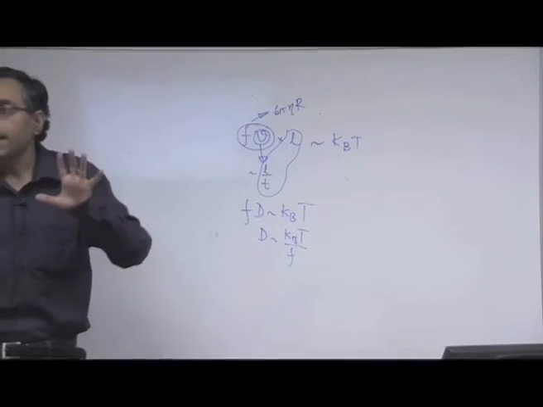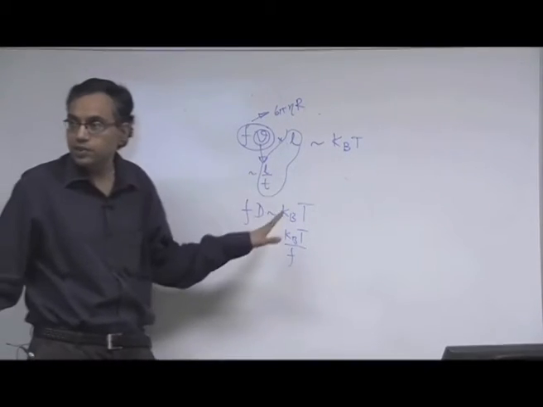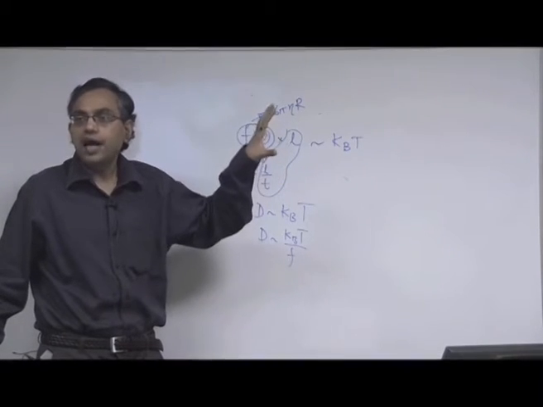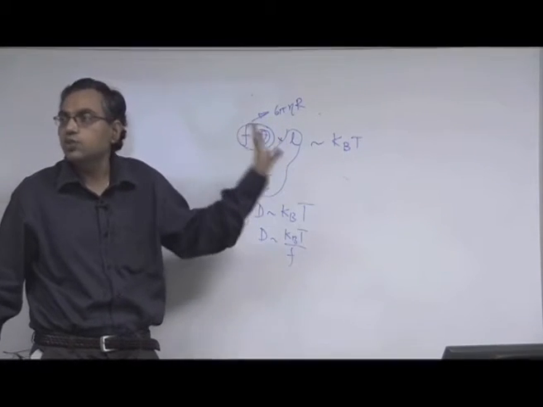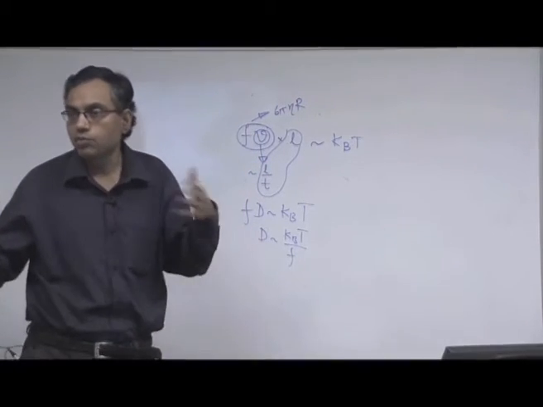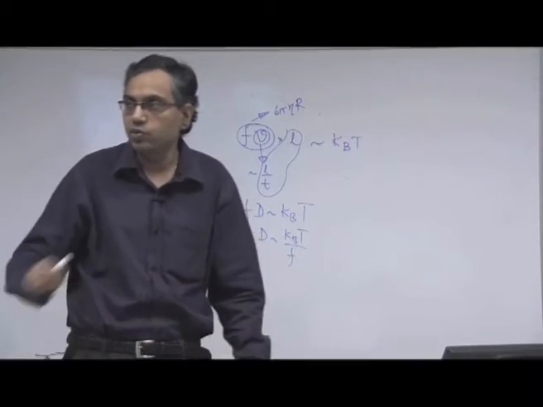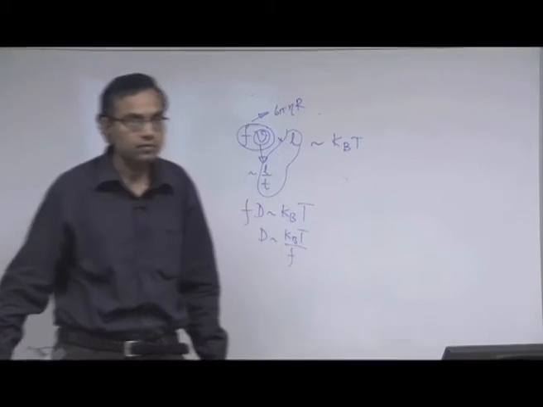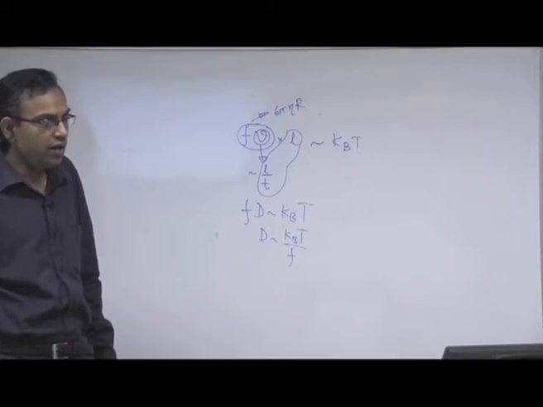Of course the actual derivation of the relationship is not this. I have just tried to give you a physical meaning of this through a scaling argument, because the actual derivation is a little bit more involved and I do not want to spend more time on that.